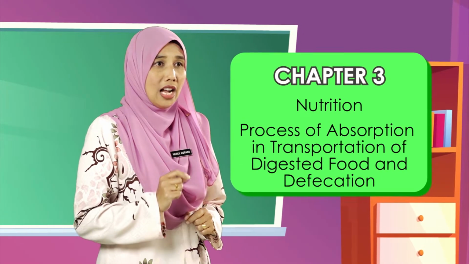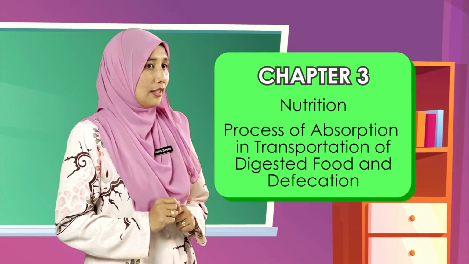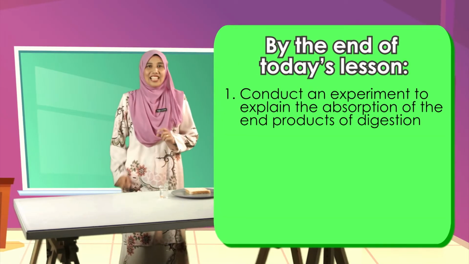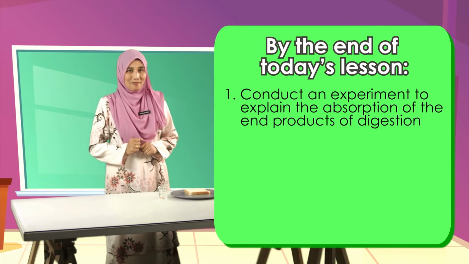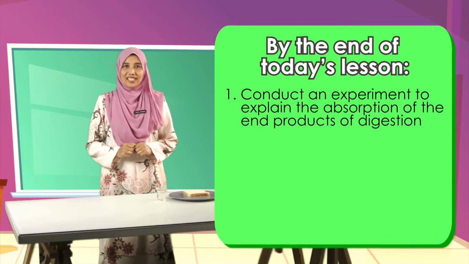Boys and girls, today you will learn about the absorption and transportation of digested food and defecation. Before we get started, let's take a look at the learning objectives for our lesson today. By the end of this lesson, you will be able to first, conduct an experiment to explain the absorption of the end product of digestion.